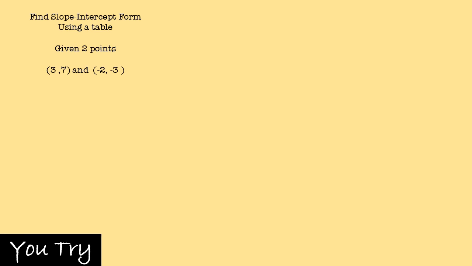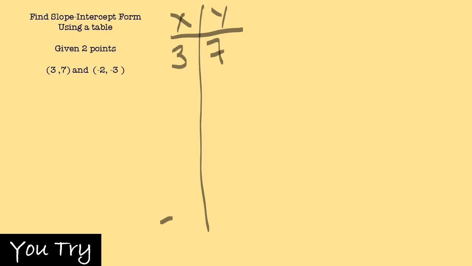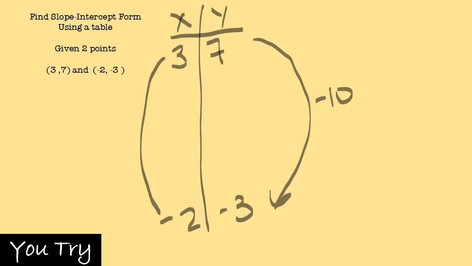Okay, so the first thing is we can draw our table. I have 3 and 7, and I have -2 and -3. And we already know that from here to here, we're going down by 10, and from here to here, we're going down by -5.